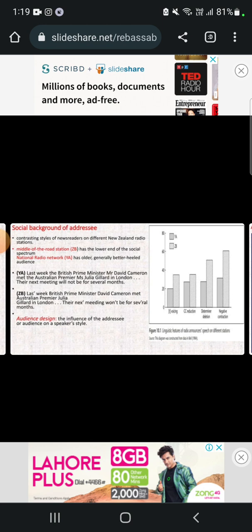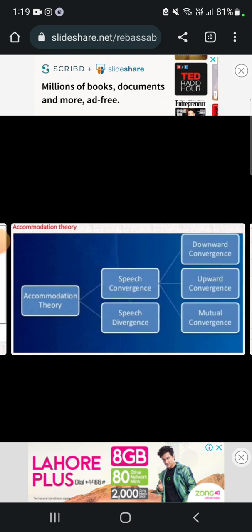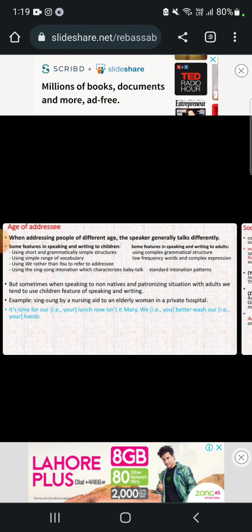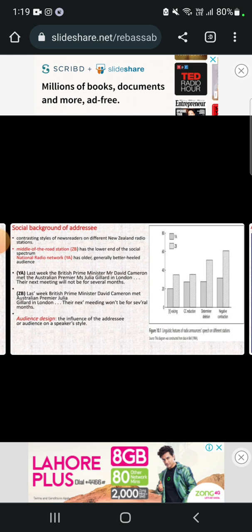They have given some examples, especially of two news channels, showing how one channel is more popular in the lower end of the social class and the other channel is more largely accepted. So you can see how two channels broadcast in a different language according to their addressees' social background.